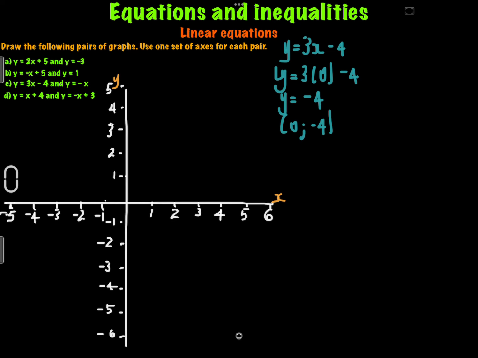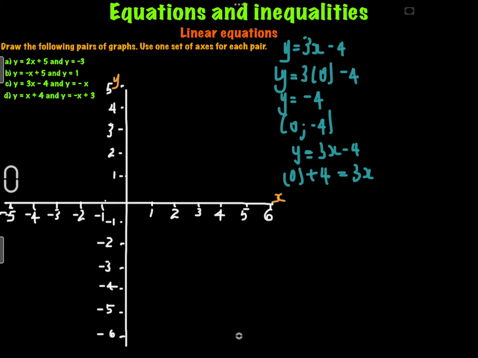So let's see what happens when we make y 0. We have y equals 3x minus 4, and y this time is 0. Negative 4 becomes positive 4 when you move over the equal sign, and we remain with positive 3x.